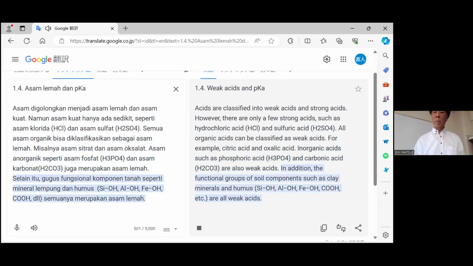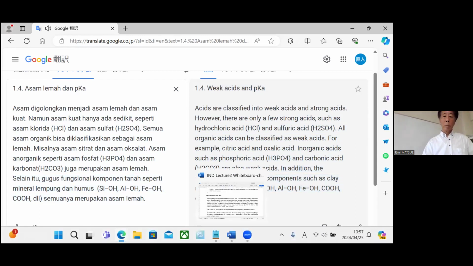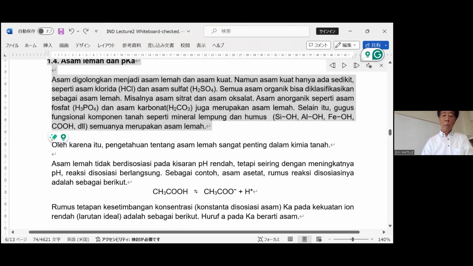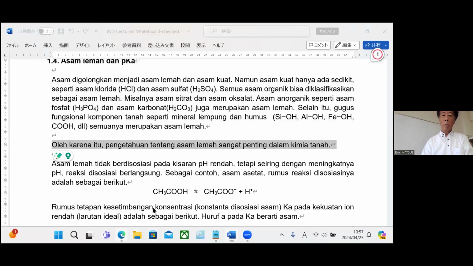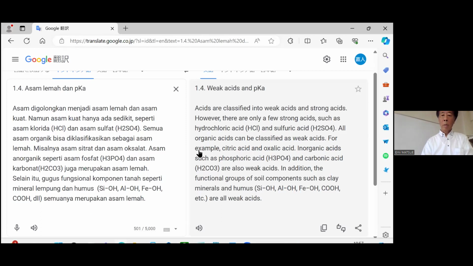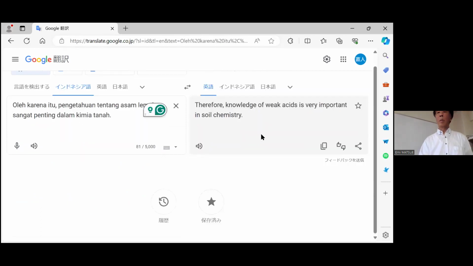In addition, the functional groups of soil components such as clay minerals and humus, C-O, Al-O, Fe-O, COO, are also weak acids. Therefore, knowledge of weak acids is very important in soil chemistry.